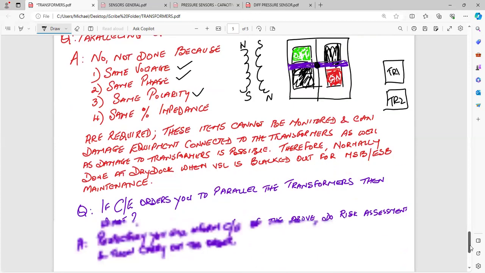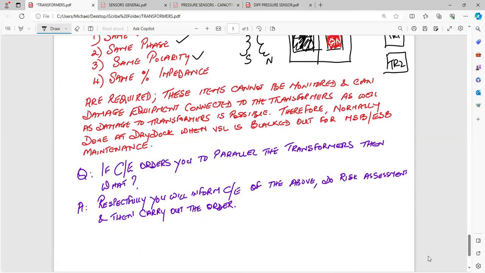So here's another trick question that is asked. If the chief engineer orders you to parallel the transformers, then what? See, these are all the trick questions that the examiners can ask you.